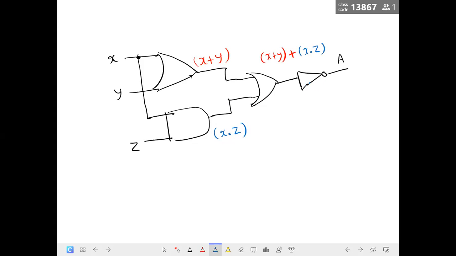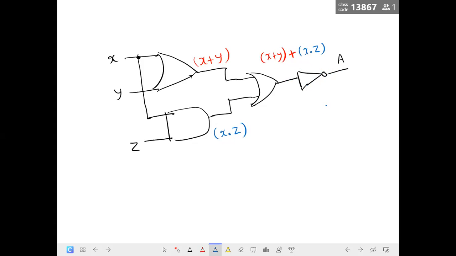Then here in this circuit there is a NOT gate. What is the purpose of the NOT gate? The inverse, right? It inverts the input. You get the inverse of the input as the output.